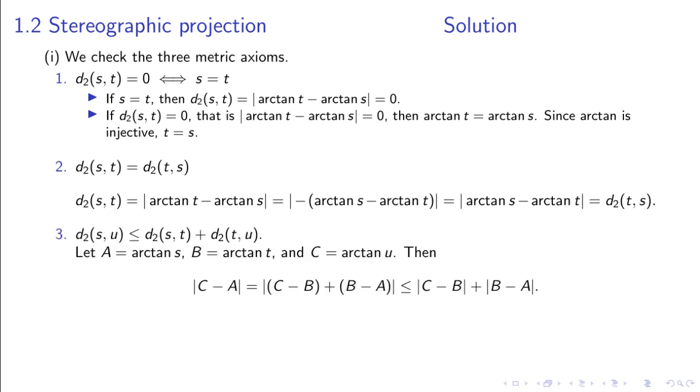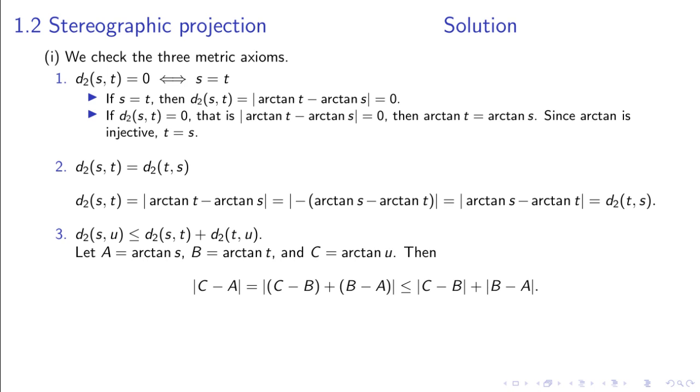Third, the triangle inequality. Take three real numbers, s, t, and u. Write a = arctan s, b = arctan t, and c = arctan u. Then d₂(s,u) is |c − a|. We can write c − a as (c − b) + (b − a).